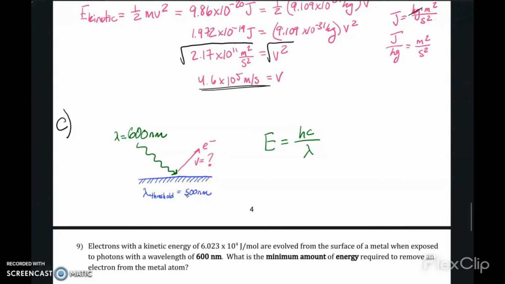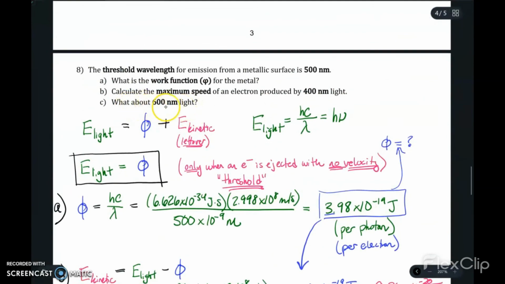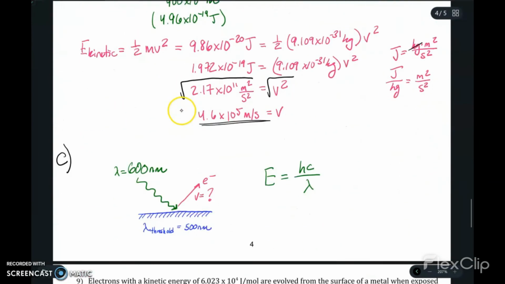Because remember, that threshold wavelength is the bare minimum energy we need to get that electron to eject. If we go to energies lower than that, the electron's not going to eject because we're not going to be able to meet the work function requirement, that binding energy that is needed to get the electron to eject. So when it asks what's going to happen with 600 nanometer light, are we going to see an electron eject?